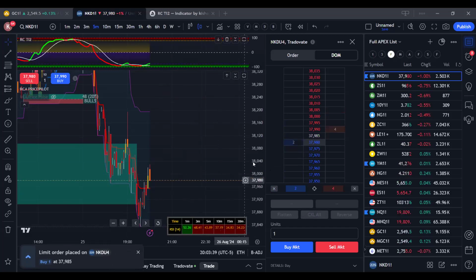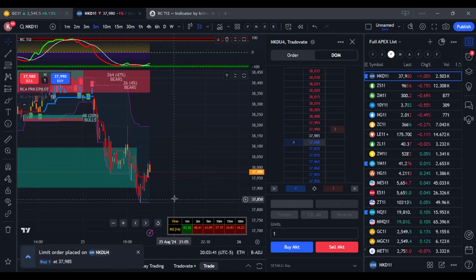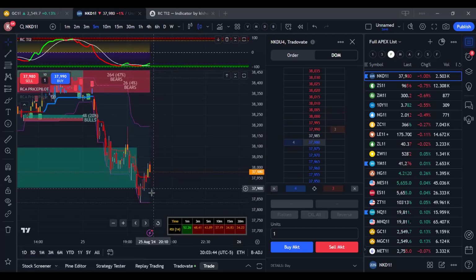The 3 and 5, everything is still red. Also, there is no major buy order block here.